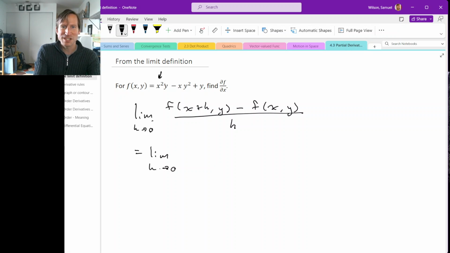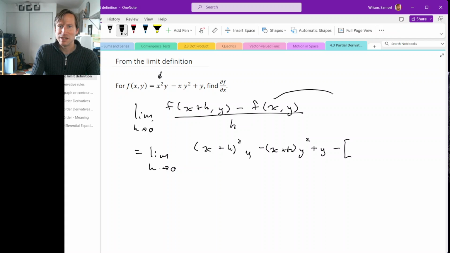So we need to put x plus h into this part here for x, so that's x plus h squared times y, minus x, but remember our x input is x plus h, so we need to put x plus h right here, times y squared, plus y, minus, and now we need to put f of x comma y in here, so that's x squared times y minus x times y squared plus y. Okay, all over h.